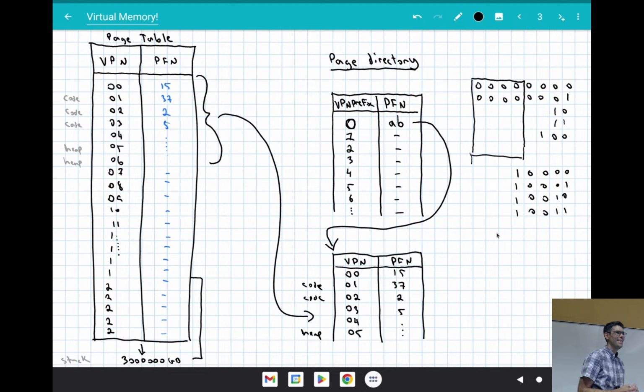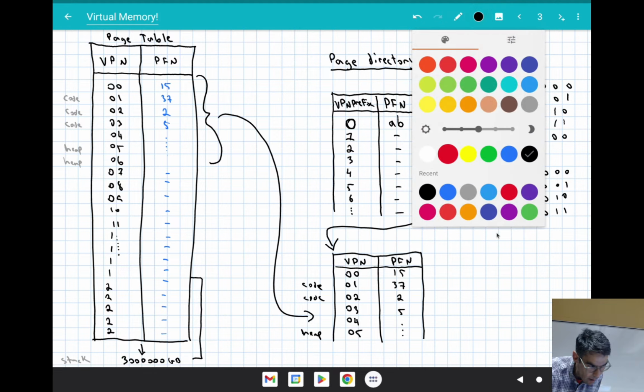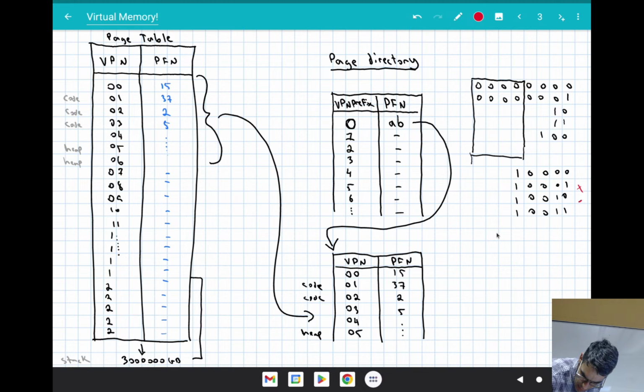All you need is one single entry to be marked as used for you to create that table, correct? Yes. So in this case, we're going to say that these ones are not used. So anything up to that point is not used, and only this one is allocated.